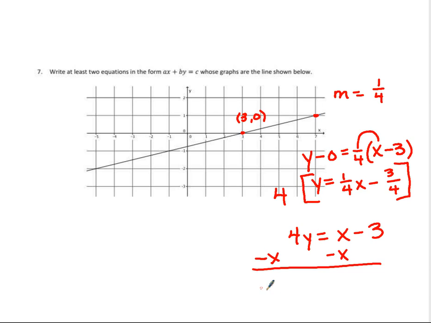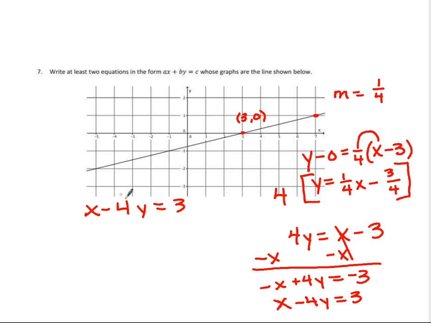I have a negative x plus 4y equals negative 3. And we know that we can't have a negative, so change all signs. So x minus 4y equals positive 3. So the first one would be that.